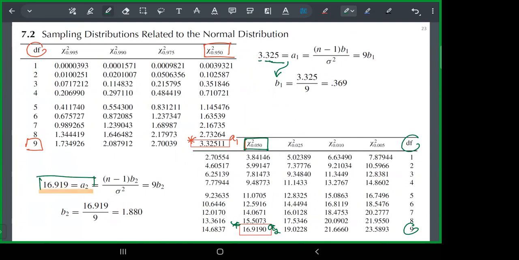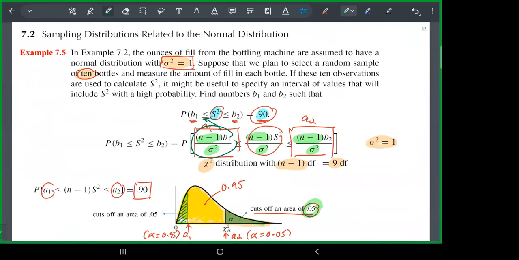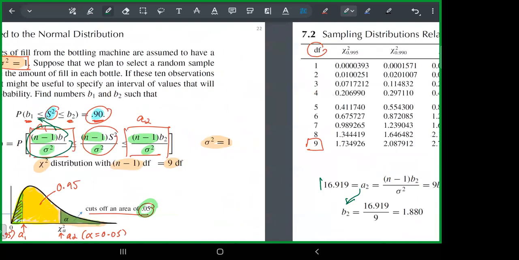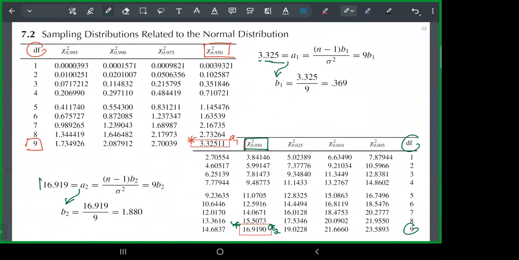Plug it back in there and recalculate the B2. And that's how I can tell what the value of B1 and B2 should be. That is not a guarantee. I keep saying guarantee. Sorry. That will give you a 90% confidence, with the probability of 0.9, that it will include the true value in there. All right, so I hope this helped.